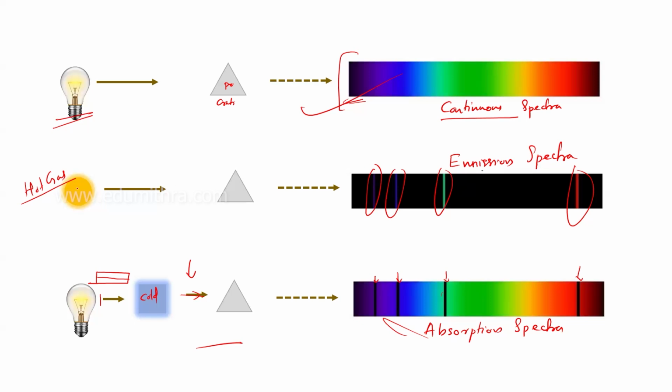You can see this pattern: one line here, one line here, then after a certain gap there is another line, then after a long gap there is something here. Not just the colors, but this pattern of gaps, if you notice, is unique.